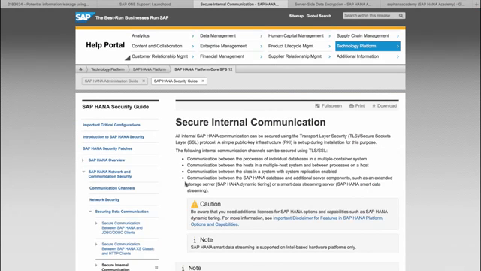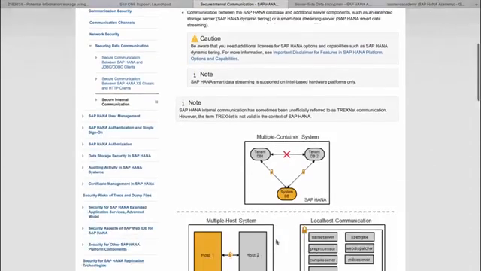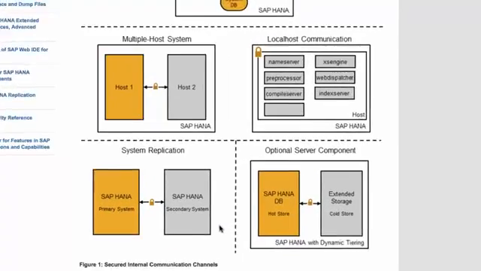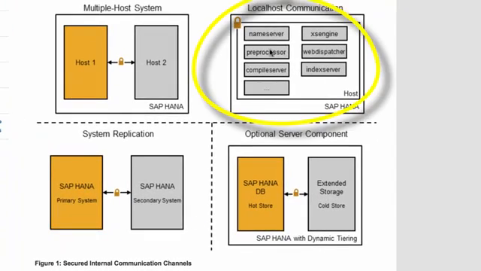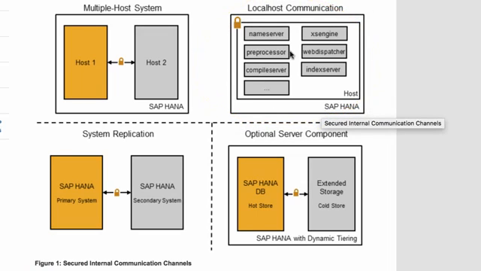So on help.sap.com, the SAP Help portal, under Technology Platform, you'll find the SAP HANA Platform Guides. This is from the Security Guide, Secure Internal Communication, and here you can see different secured internal communication channels. For example, the communication on the local host between the different processes, the name server, preprocessor, compile server.